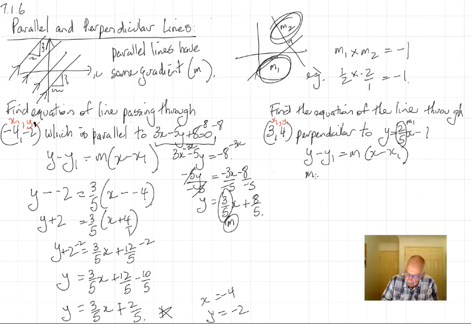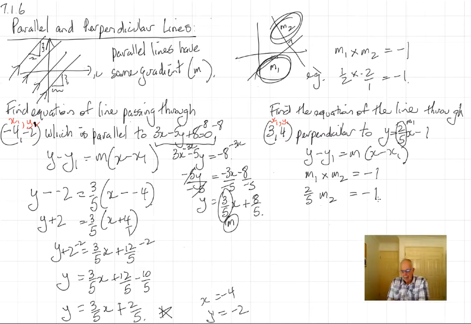So we know that m1 times m2 equals negative 1. We've got this line. We want to find the new line, so we'll let it have a gradient of m2. So we've got 2 on 5 m2 equals negative 1.